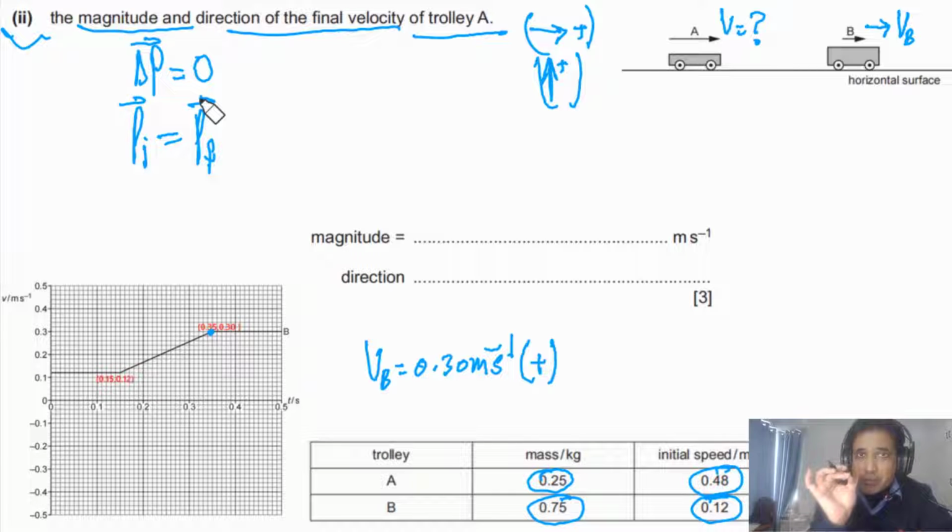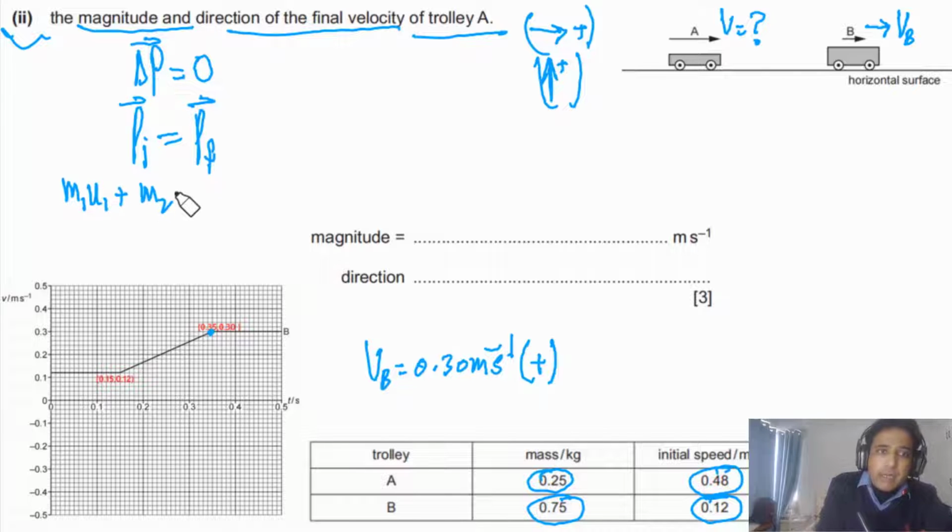Momentum is a vector quantity, so the direction of the momentum before and after is the same, and the magnitude of the momentum before and after is also the same. Now we have trolley A, moving to the right. We can say M1 U1 plus M2 U2 has to be equal to M1 V1, meaning for trolley A, plus M2 V2.